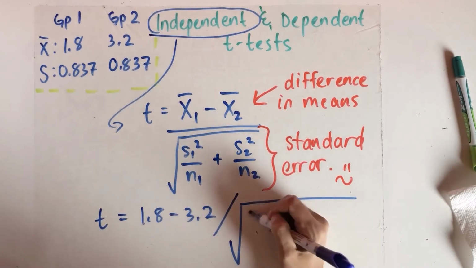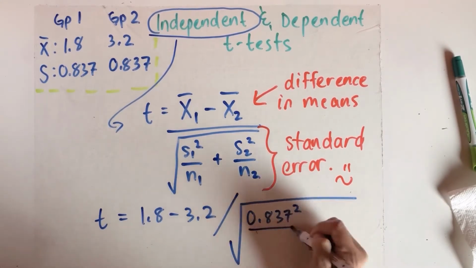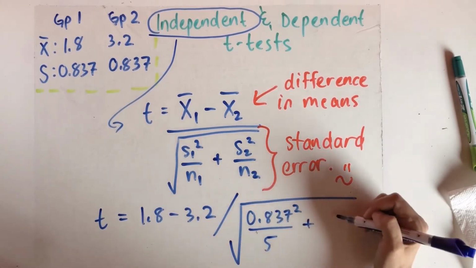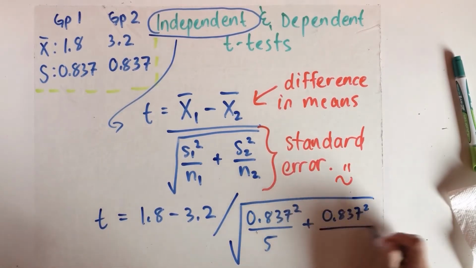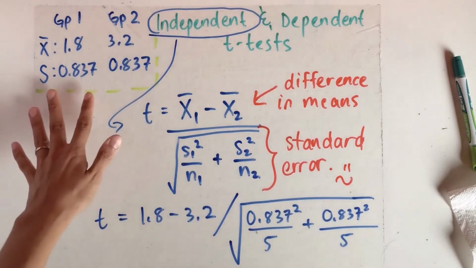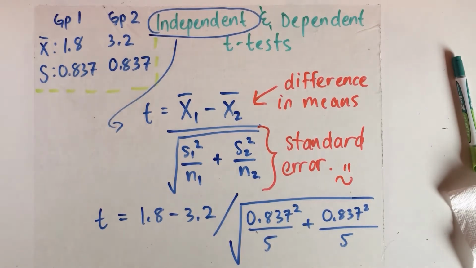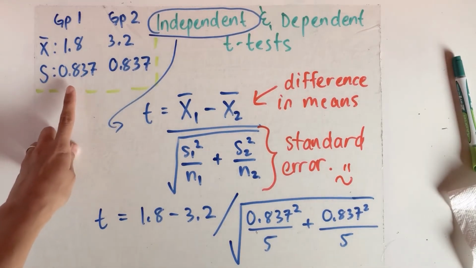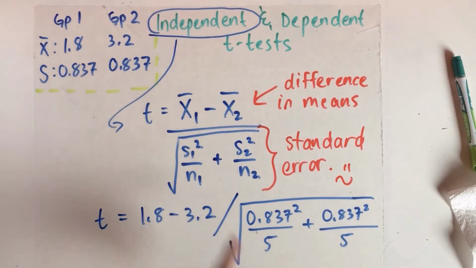For the variances, we have to take the standard deviations that we computed and square them, dividing by the number of observations in each group. The problem is that we could have just kept our variances and not taken the square root. I think it was 0.7 that would have been the variance for group 1 and likewise group 2. So we're kind of undoing what we did before.